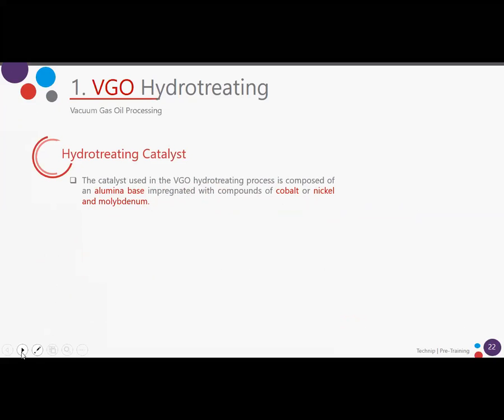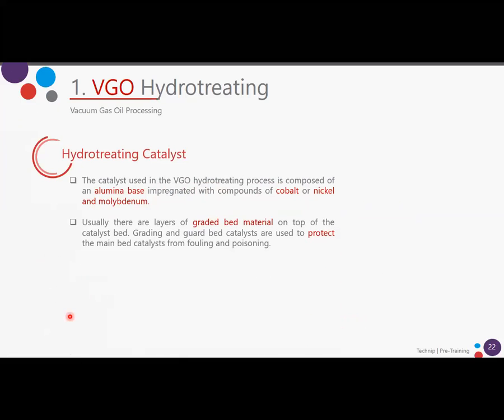That is the metal side. Usually there are layers of graded bed material on the top of the catalyst bed, and this is used to protect the main catalyst bed from fouling and poisoning.